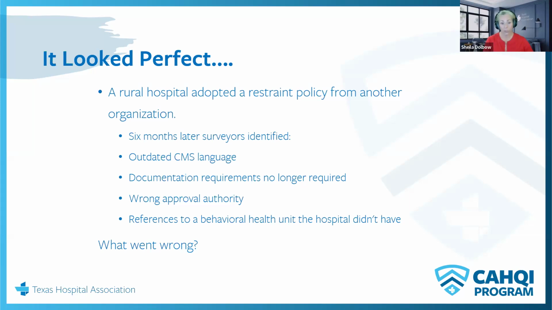All policies and procedures need to follow the same standard of approval in an organization. And certainly, again, referencing a behavioral health unit that a hospital does not have, you want to make sure that for consistency's purposes and to avoid any confusion with staff where that could lead to potential patient harm, that those things are identified.